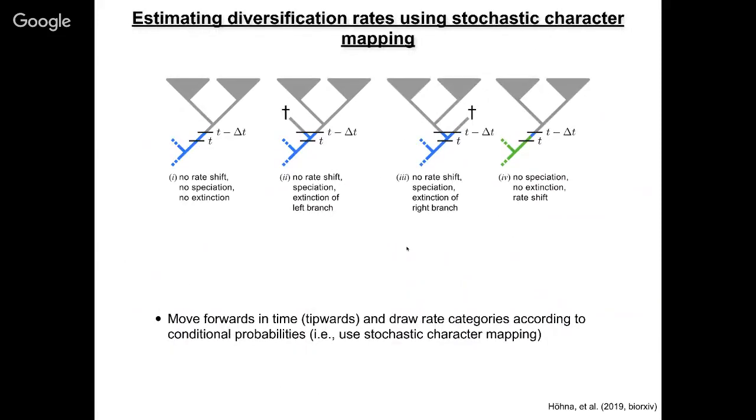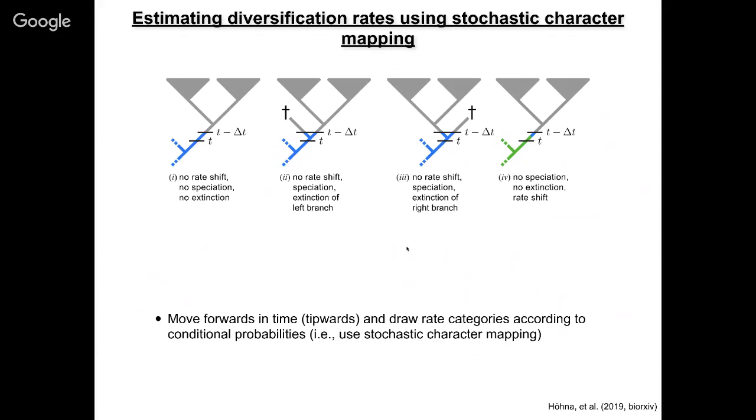So how we are going to estimate those rates is that we are going to do stochastic character mapping. Because we don't really observe where these rate shift events are happening, we calculate down the tree the probabilities of each of the possible diversification rate categories.